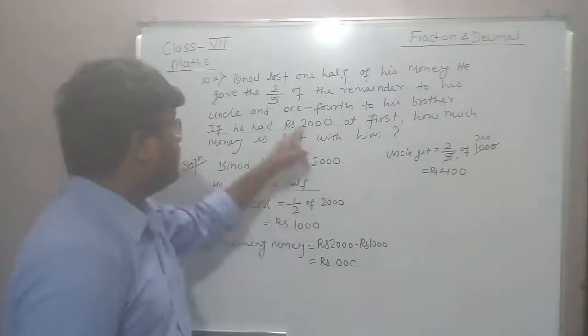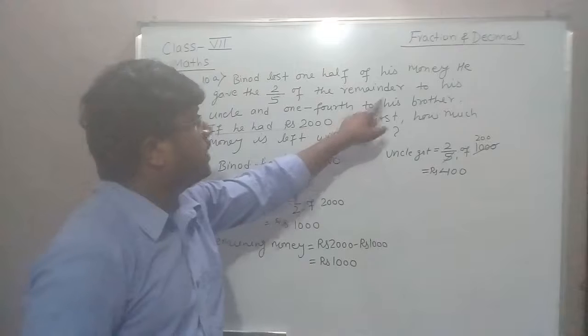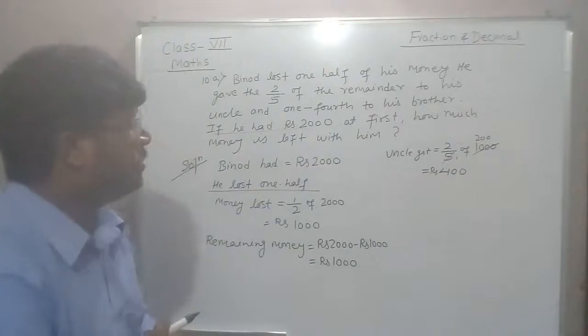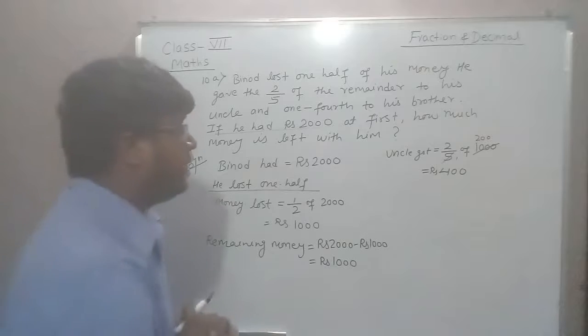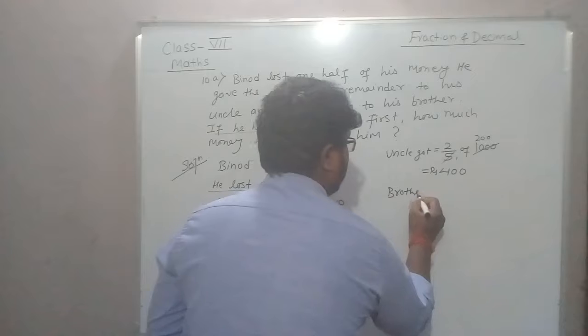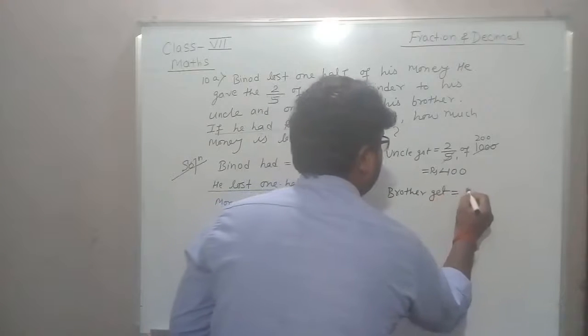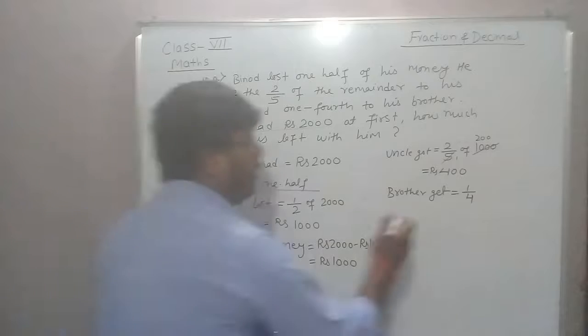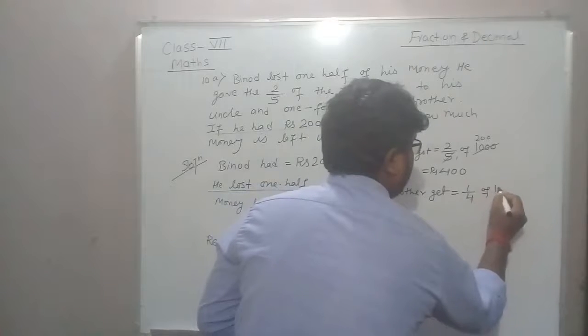In the same manner, 1/4 to his brother. Binod gave 1/4 to his brother. Now the brother gets 1/4 of remaining money, that is 1000.